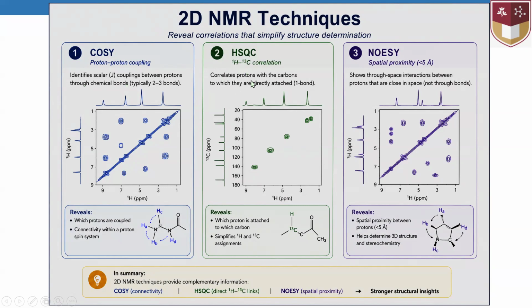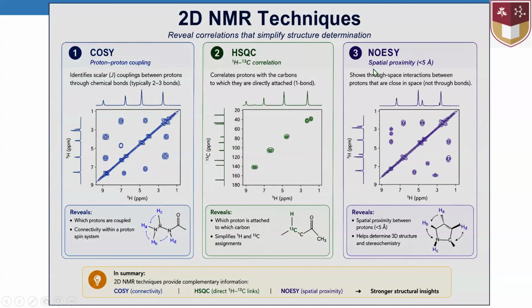It correlates protons with the carbons to which they are directly attached. So this is a kind of method that we can more effectively and more easily use for the establishment of chemical bonds, the establishment of functional groups based on the correlation between protons and carbons.